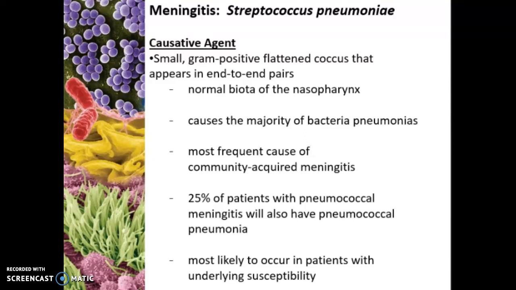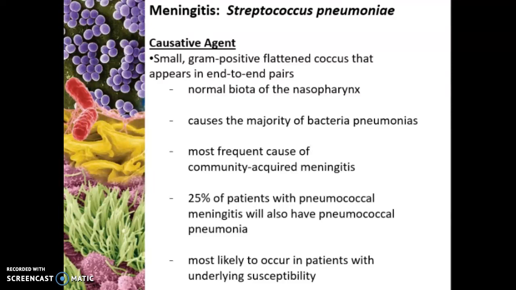Streptococcus pneumoniae is often normal flora of the nasopharynx and a major cause of bacterial pneumonia. This is actually the most common cause of community-acquired meningitis. So even though it's not necessarily the most severe, it is the most common.